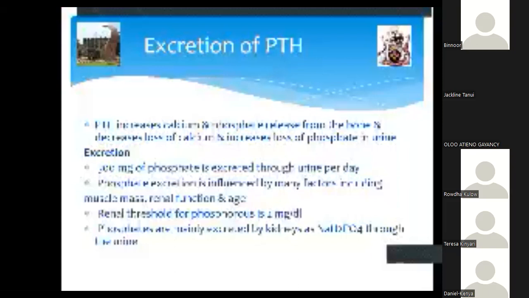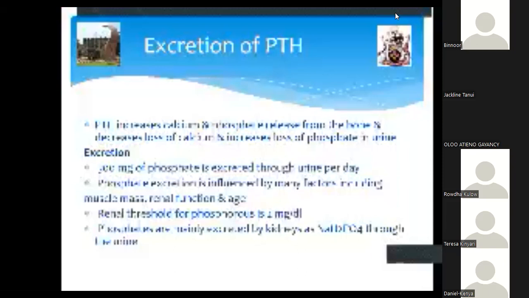Phosphates are mainly excreted by the kidneys as sodium diphosphate through the urine. 90% of the phosphate that is filtered at the glomeruli is reabsorbed by the tubules. PTH will decrease the reabsorption of phosphorus from the proximal as well as the distal tubules and cause increased excretion of phosphorus in urine.